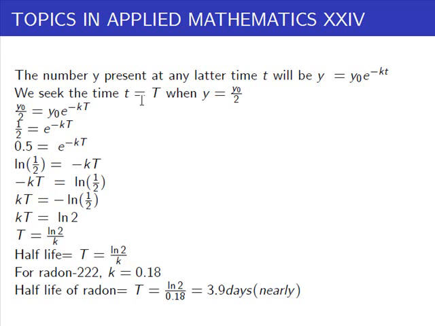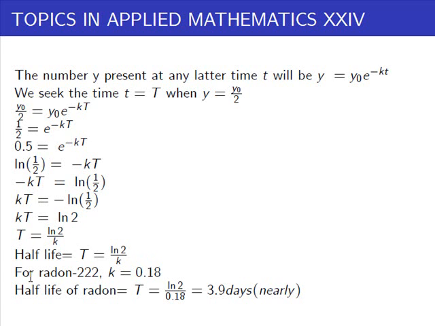We want to find the value of capital T. From here capital T is equal to log 2 divided by k. This is the formula of half-life, log of 2 divided by k, where the value of k is related to different elements.